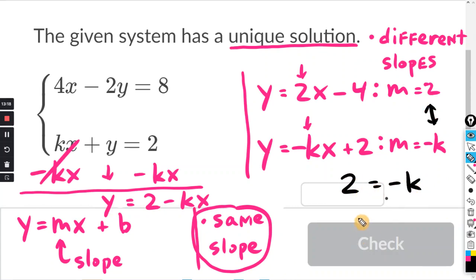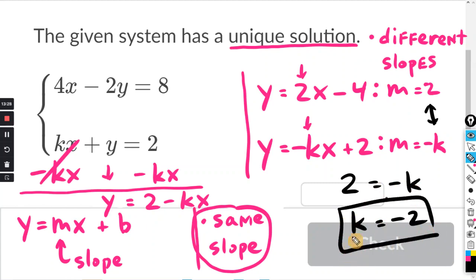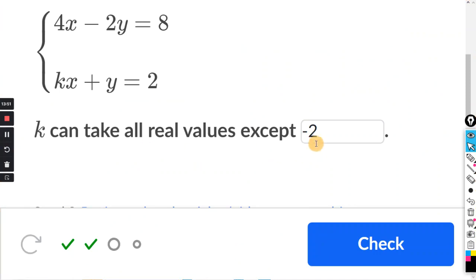And just like before, if negative k equals 2, then k is going to be negative 2. Just change the plus minus sign on both sides. If you don't see what I did there, pretend there's a negative 1 in front of this k. If you multiply both sides times negative 1, negative 1 times 2 is negative 2, and negative 1k times negative 1 is positive k. So that's your final answer. Negative 2 right in the box.